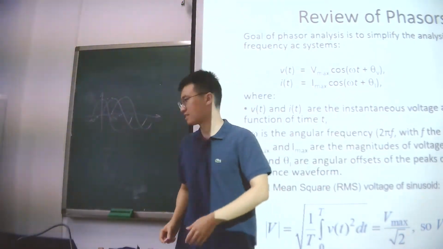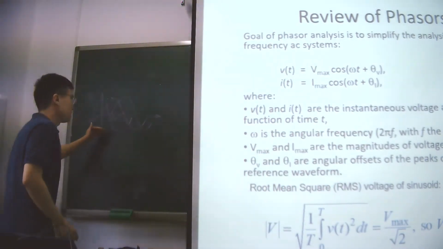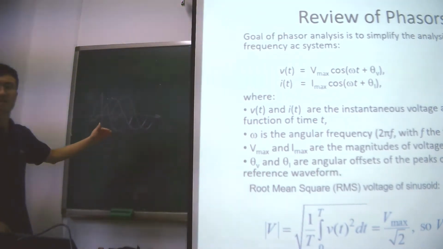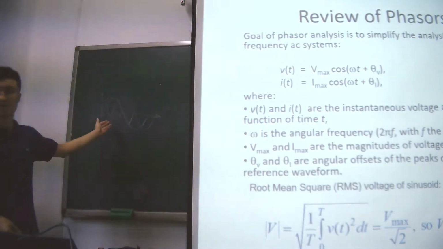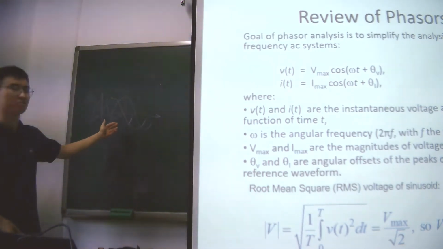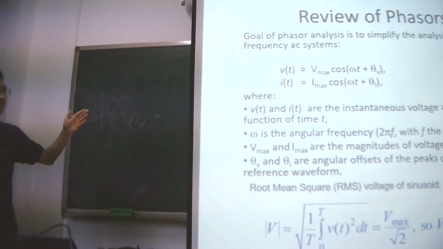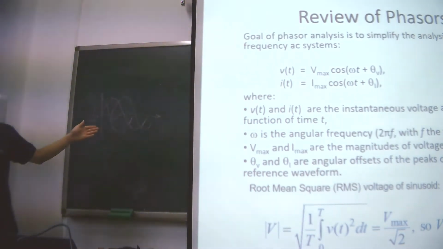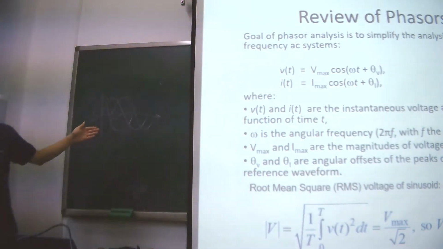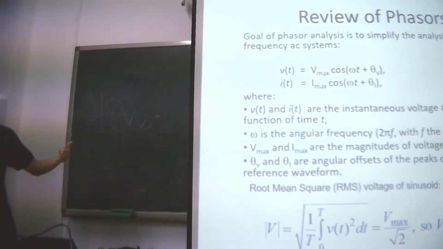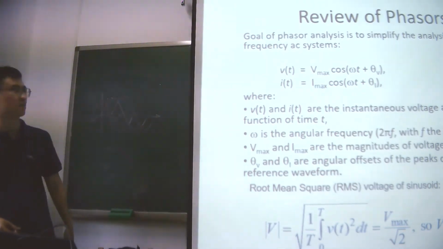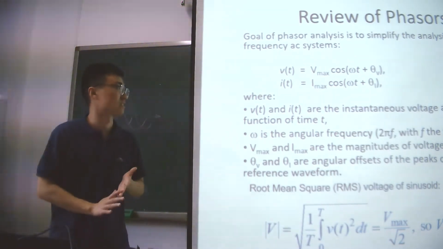The theta is just to offset the angle. You know this. That's why there is a difference of phase. That's why we have 3-phase power. Of course, we will discuss it in the later part of this lecture.